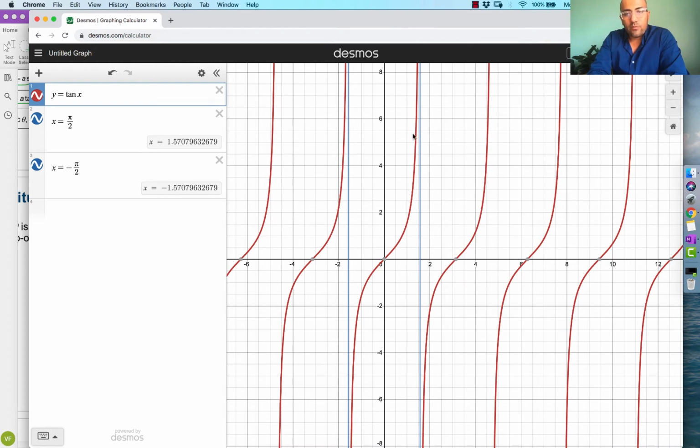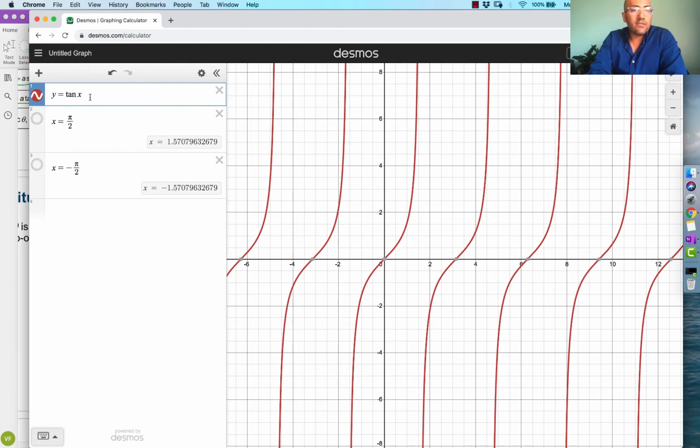Okay, so then we can restrict our tangent function, which is all of these red ones, to just the section between negative pi over 2 and positive pi over 2, and we see that we have one section of the tangent function that is 1 to 1. Good, so that's functional there.